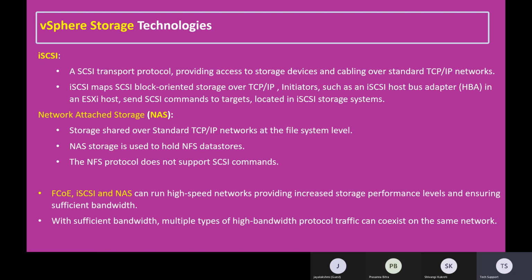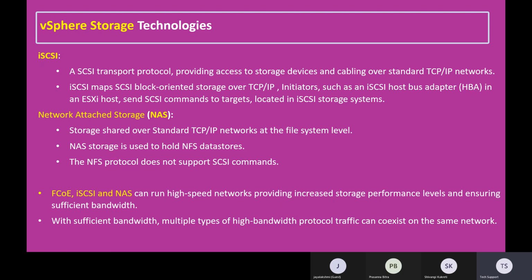Multiple VMs will be trying to access it at the same time, so we should maintain high network bandwidth. With sufficient bandwidth, multiple types of high-bandwidth protocol traffic can coexist on the same network, even if you are using the same network switches, with high bandwidth like 20 Gbps, and the recommended speed is 10 Gbps Ethernet.